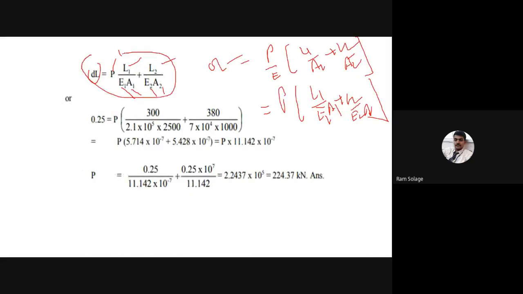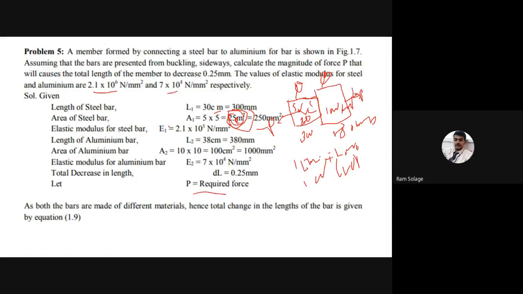Write down the formula and find out the answer P. Put all the values delta L, L1, L2, A1, A2, E1, E2 and find P.